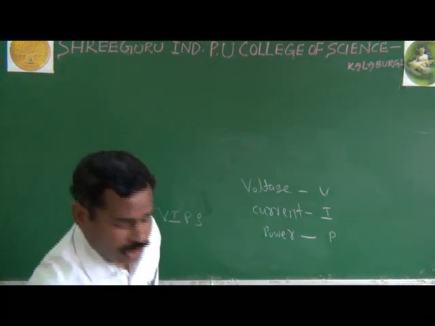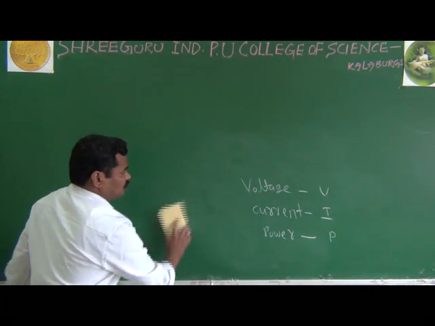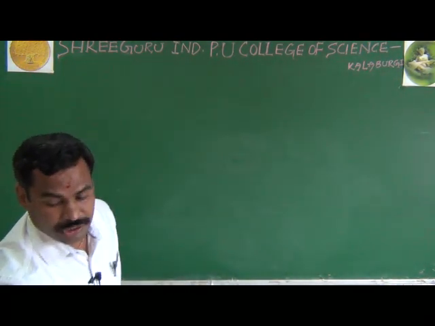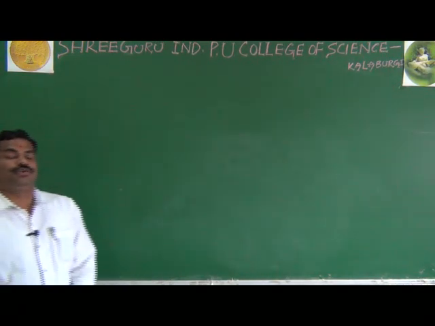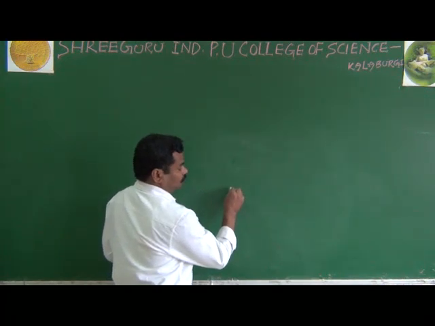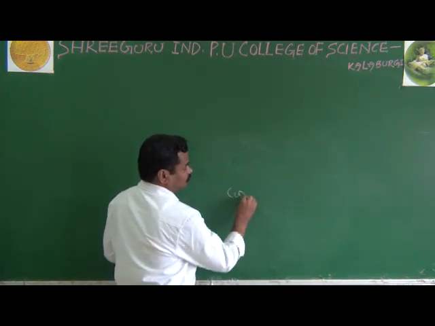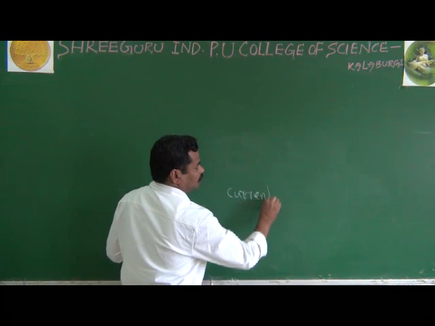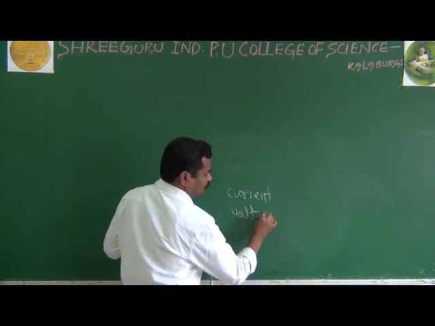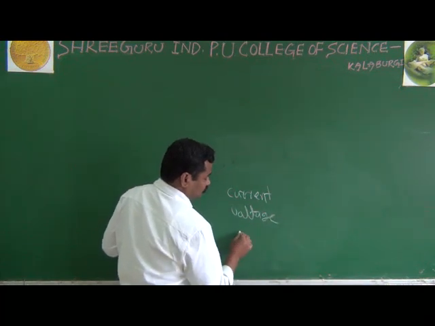Why are we giving more importance to the common emitter configuration? Because in the common emitter configuration you have more current gain, more voltage gain, and finally more power gain.